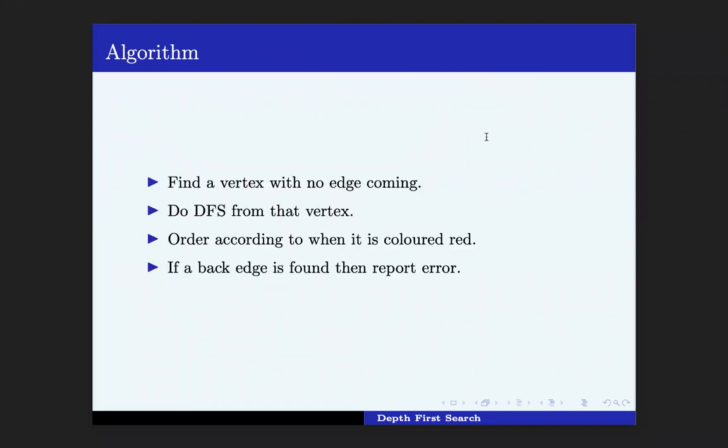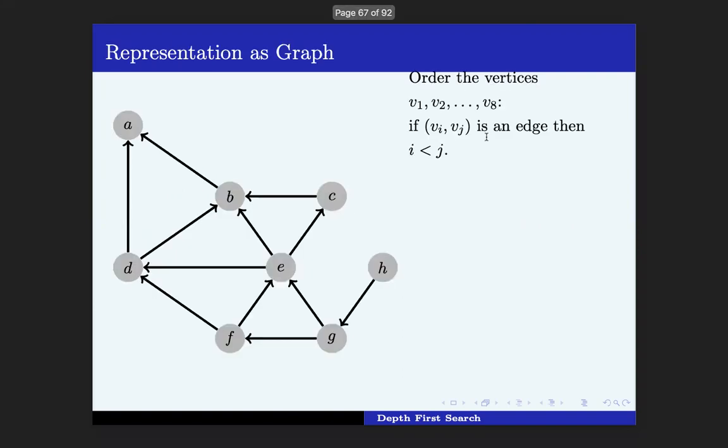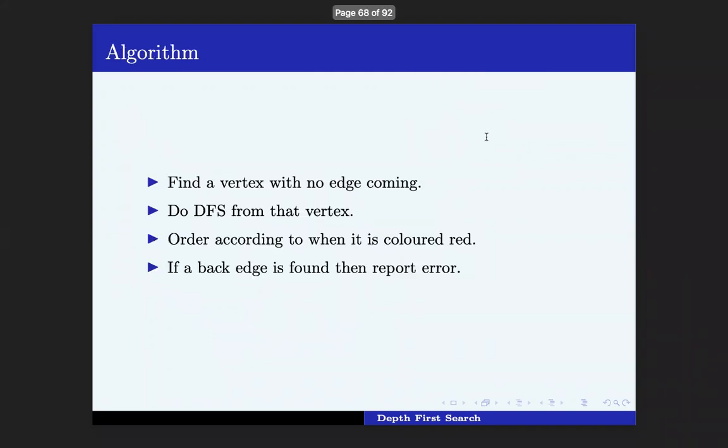That means it's an acyclic graph. In an acyclic graph, you know that there exists a vertex that doesn't have any incoming edges. At least one vertex, maybe more. In that case, find a vertex that has no incoming edges.